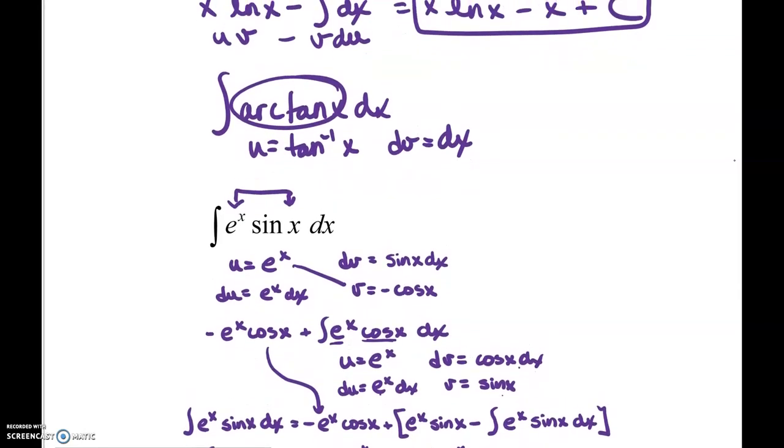And so I've come down here, and I've written my original problem, and that's something you're going to have to do in this step. Here's my original uv. Here's my new uv from the parts the second time. And here's my integral minus the integral of v du. And look what these two have in common.